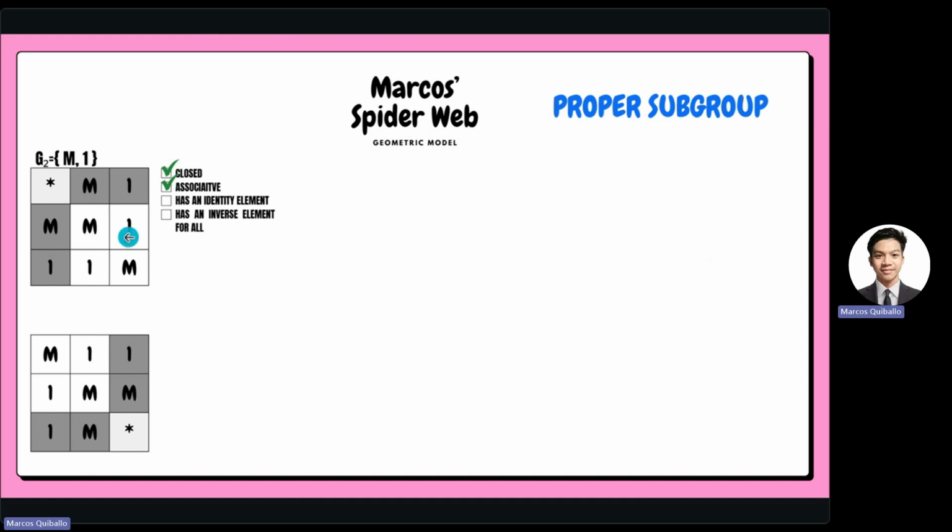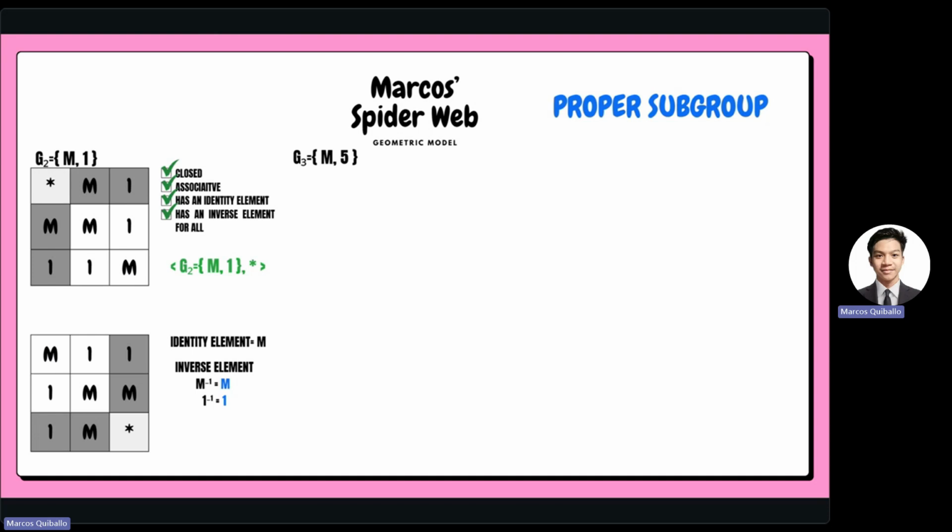So M1, 1M is also the same as M1, 1M. So it is associative. Next, it has an identity element, which is letter M. It also has an inverse for all. The inverse of M is itself, and the inverse of 1 is also itself. So it is also a group. So G sub 2 is a group with the elements M and 1 under the binary operation.